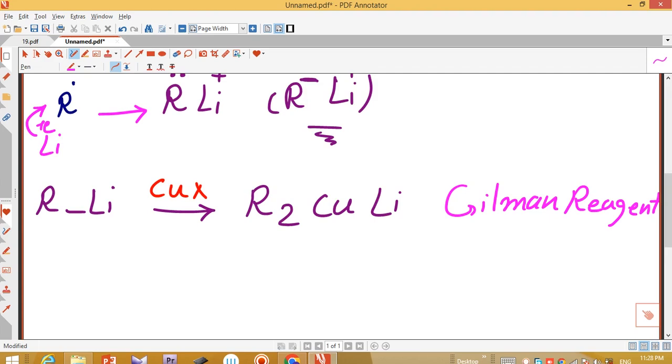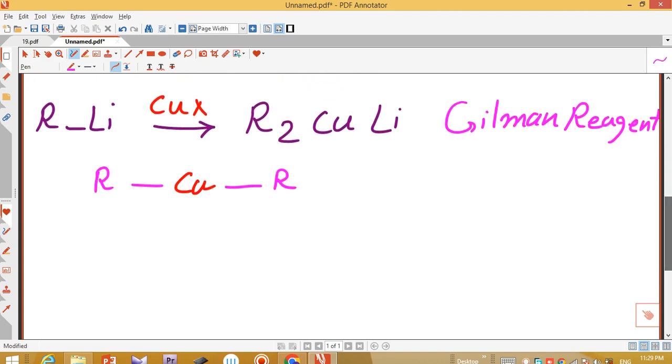Also remember, copper here has one positive charge, the lithium here has one positive charge, and the two alkyl groups have two negative charges. Two negative plus two positive, they neutralize each other's charges. Okay, I'm going to draw the dimer of the Gilman reagent. Remember, two equivalents of R2Cu lithium.